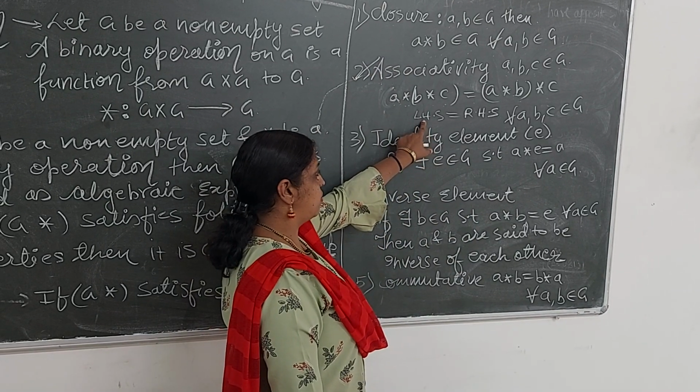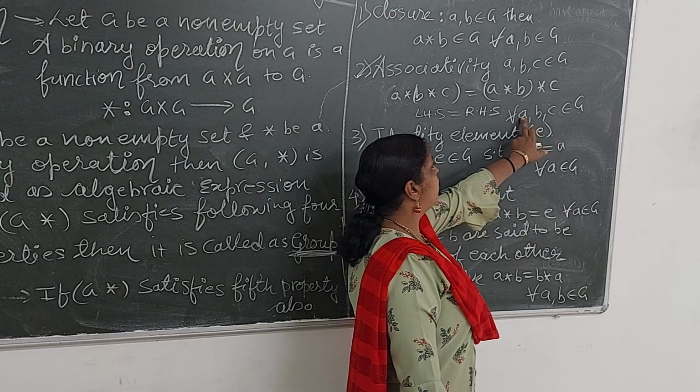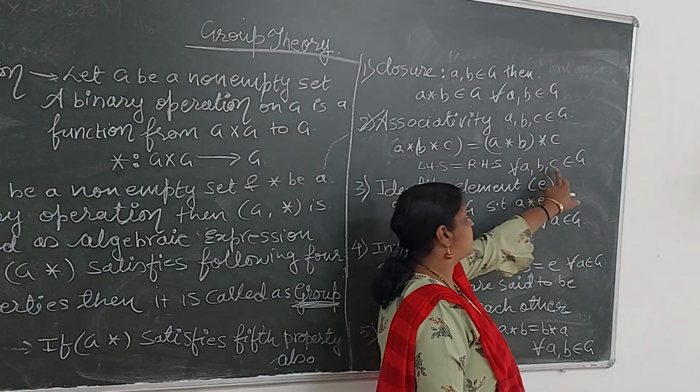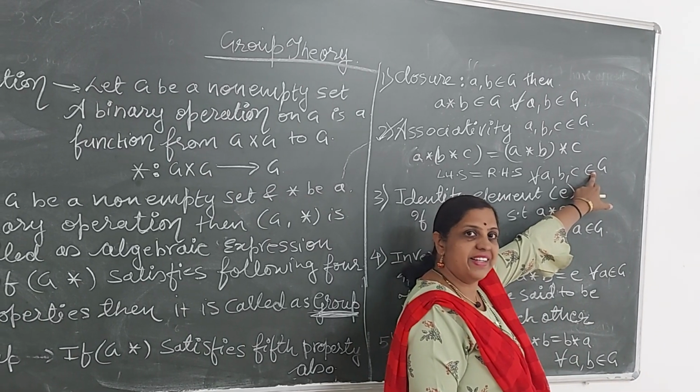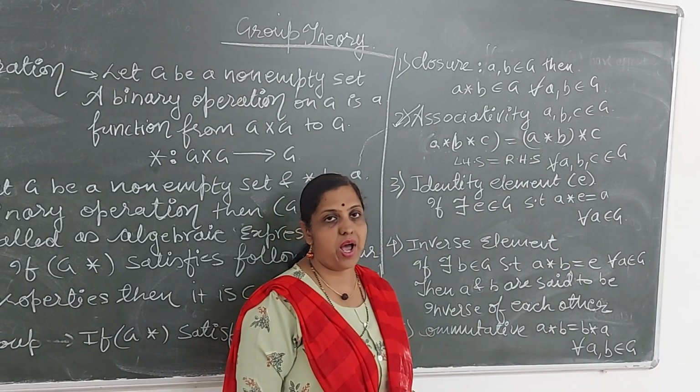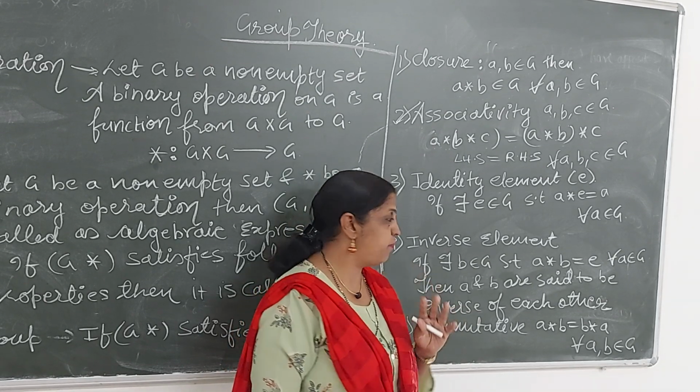If it is true for all A, B, C belonging to the set G, then I say that set G satisfies associativity.